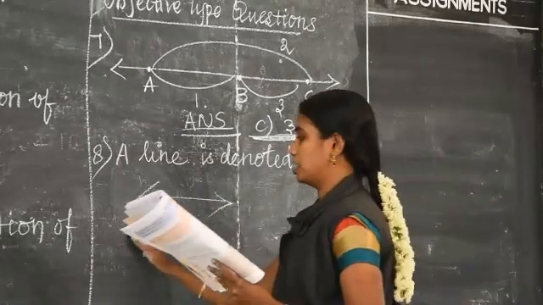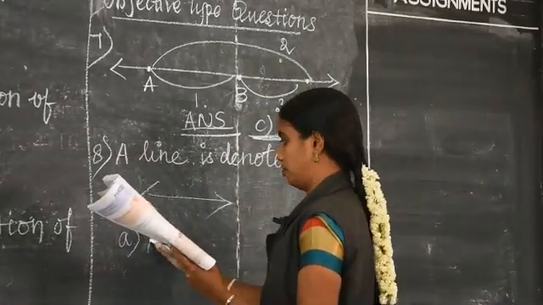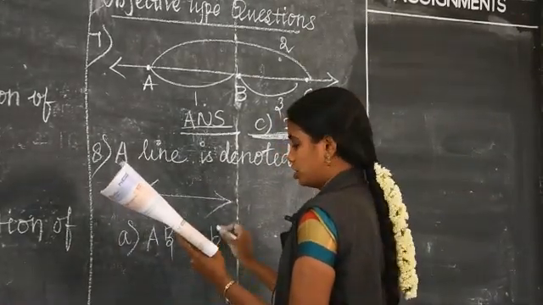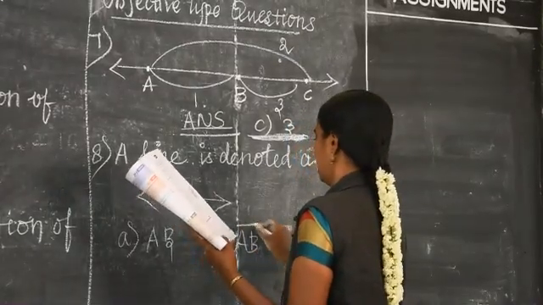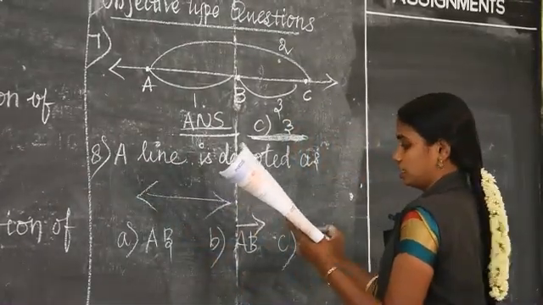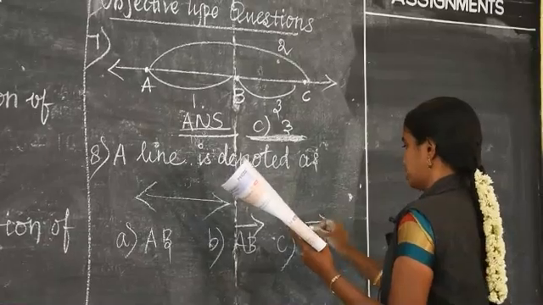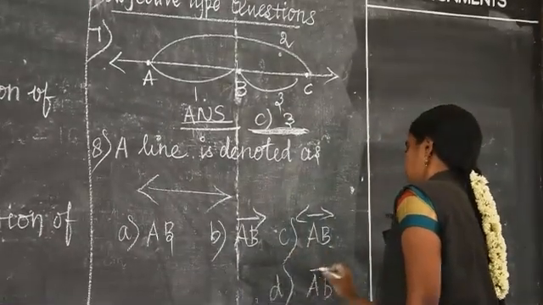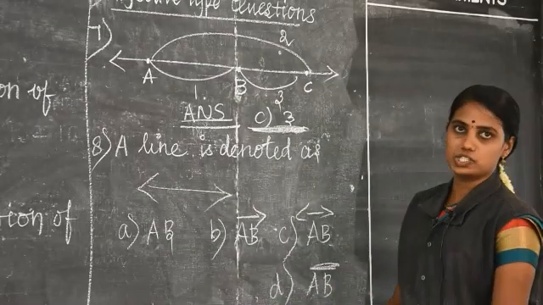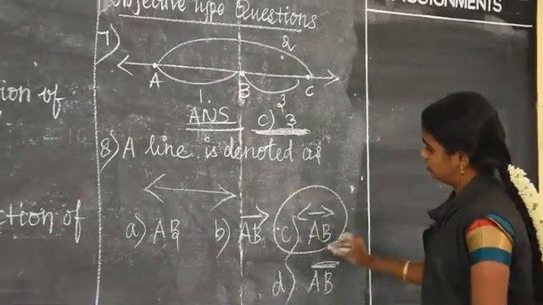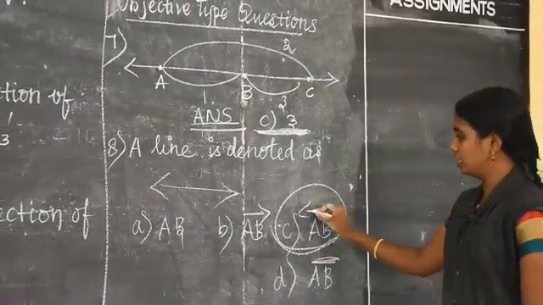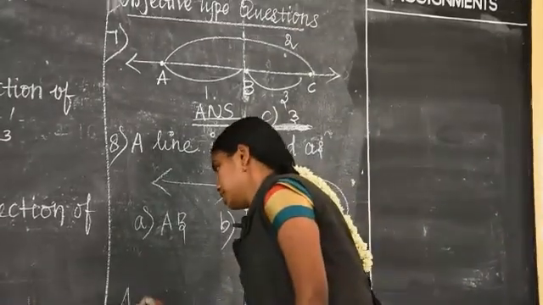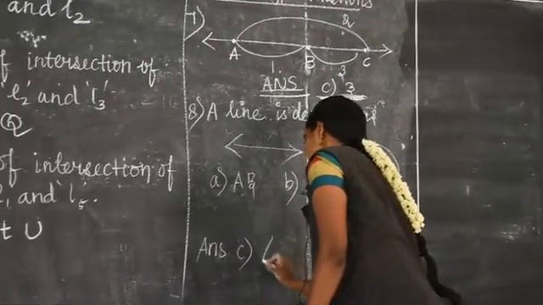The given options are: option A is only AB, option B, AB with ray symbol, option C, line symbol, option D, line segment symbol. Line is denoted as option C, the line symbol. So answer is option C.